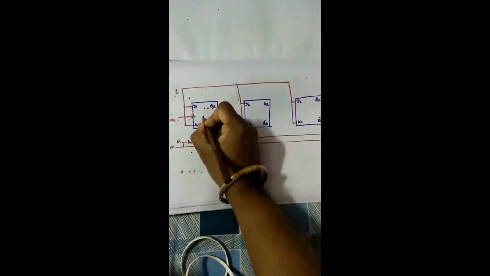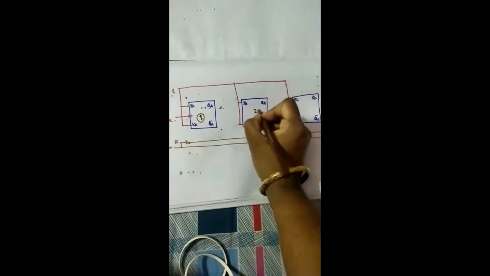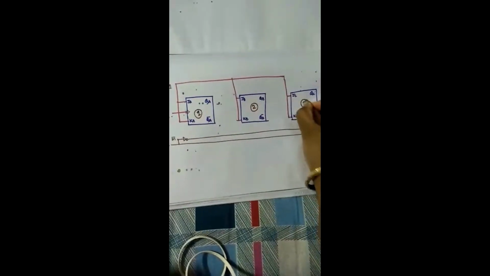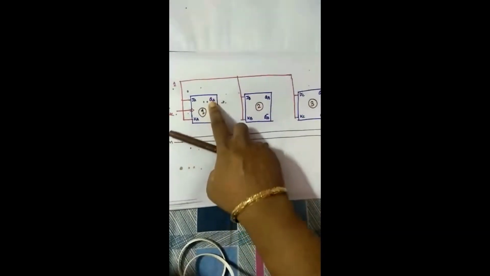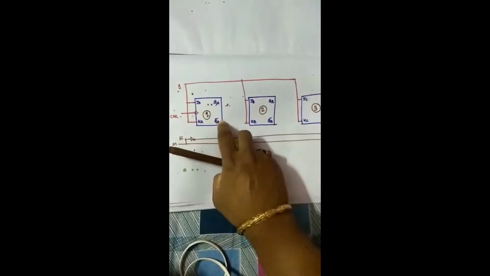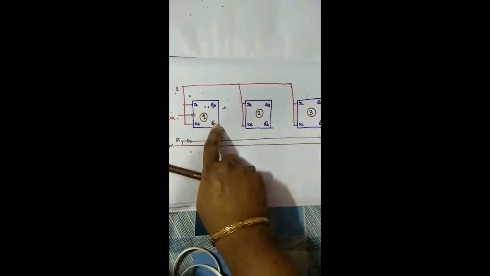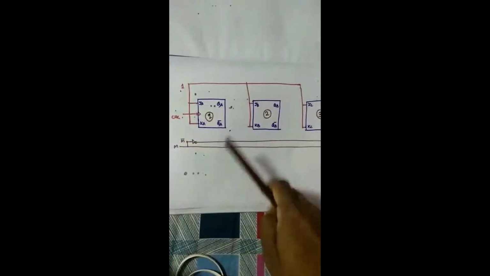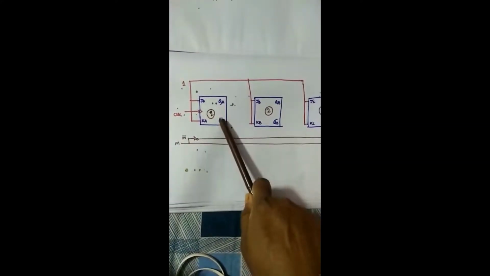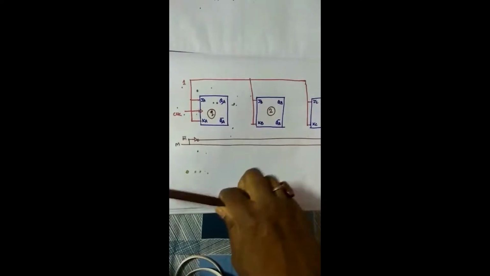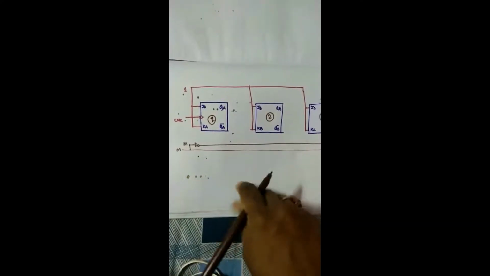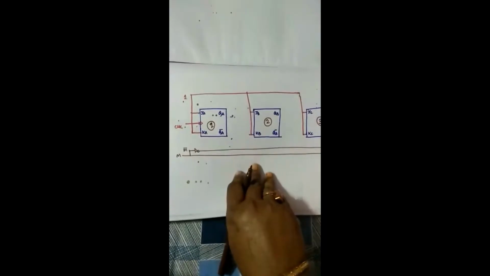This is number 1, this is number 2, and this is number 3. Each flip-flop produces complementary outputs QA and QA bar in every case. So taking advantage of these two complemented outputs, we design the up-down counter or universal counter.